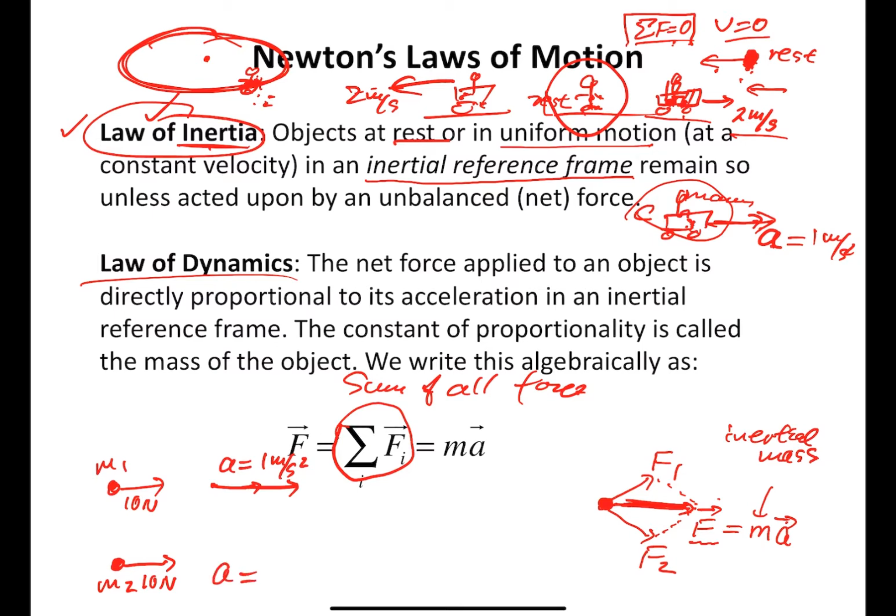And the other accelerates at 2 meters per second squared. Can you measure the mass from this experiment now? Yes, you can. What's the mass of the first object you expect? 10, yeah, 10 kilograms. How about the mass of the second object? 5, exactly. So this is how you can use this equation to measure the mass.